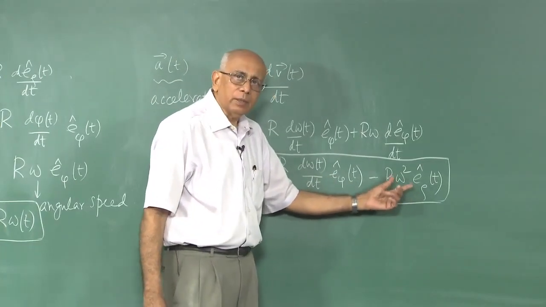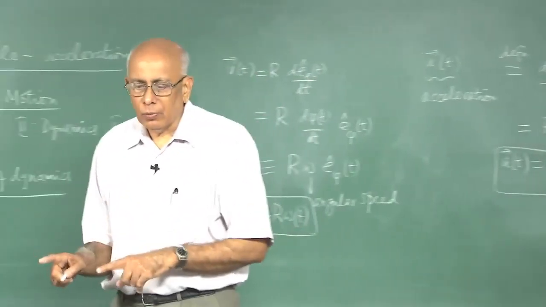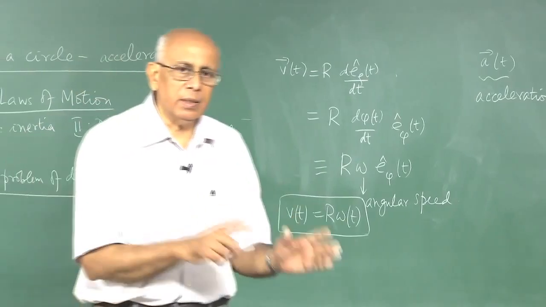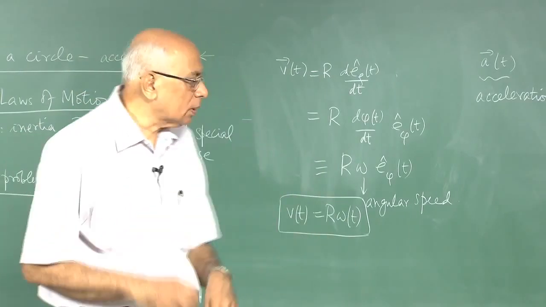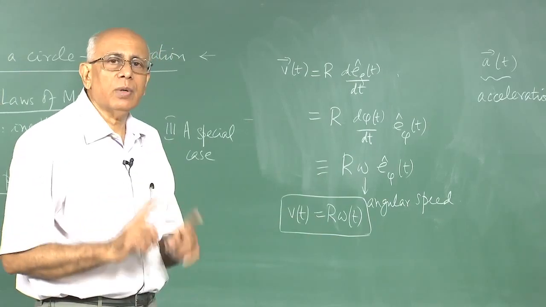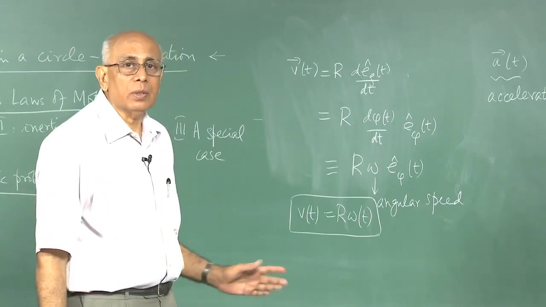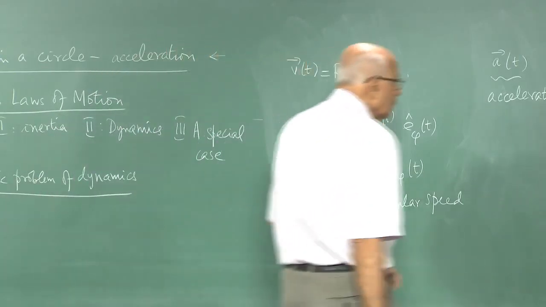Now the physical origin of this acceleration must come from Newton's laws, which say that mass times acceleration is the force. To maintain this acceleration you need a force, and that force has to have a component which is directed inwards, otherwise you cannot have circular motion no matter what.